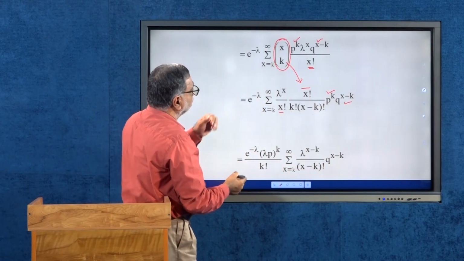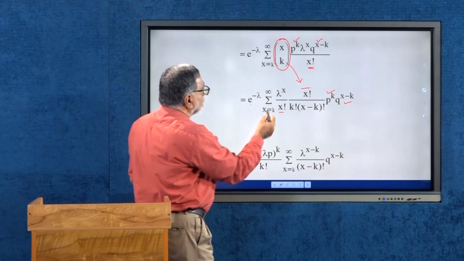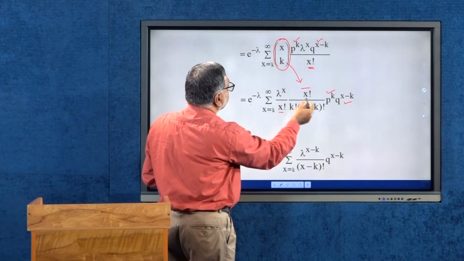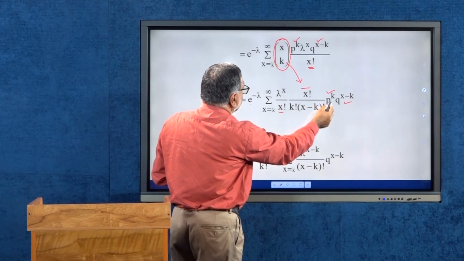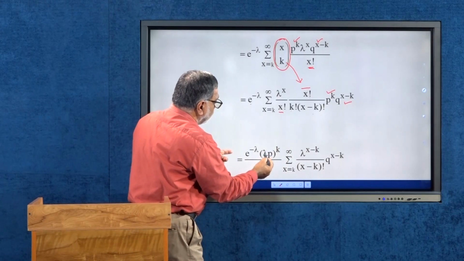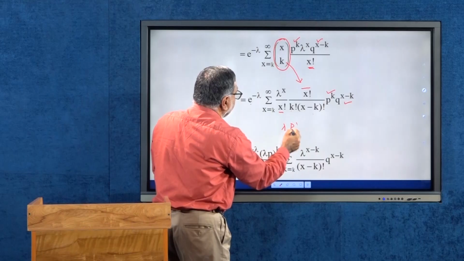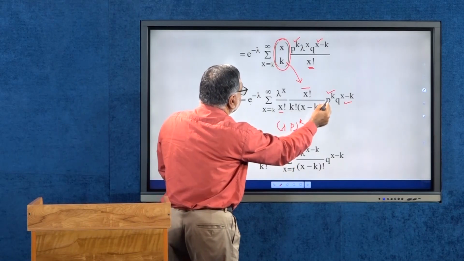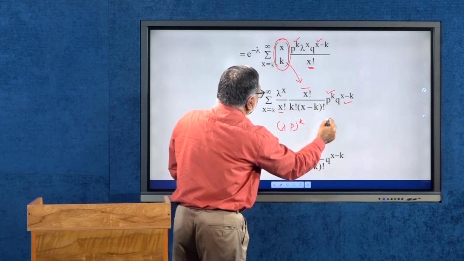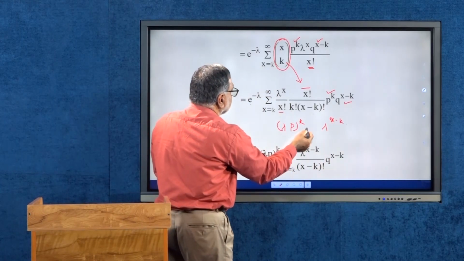Because we can combine the factors. See, e power minus lambda and lambda power x, p power k, q power x minus k. From this, we combine lambda and p power k, and there is lambda power x minus k remaining inside.